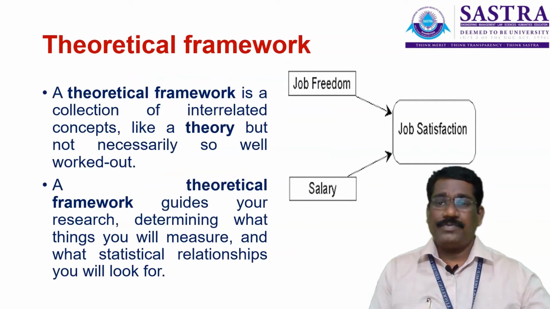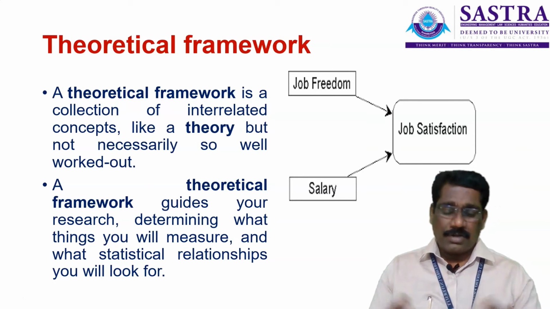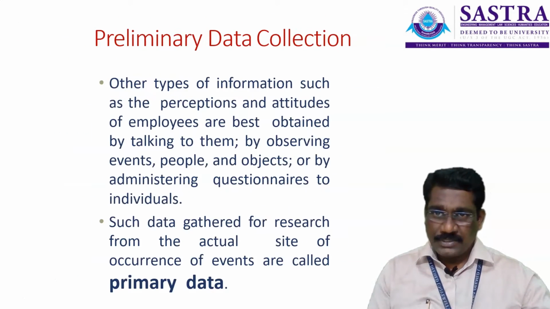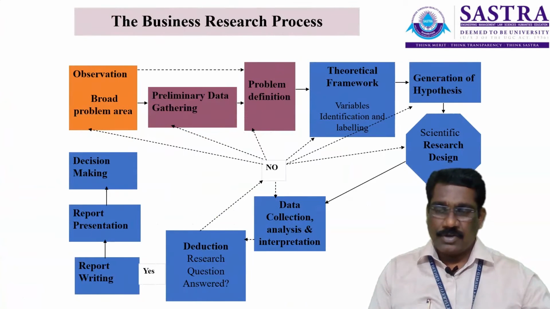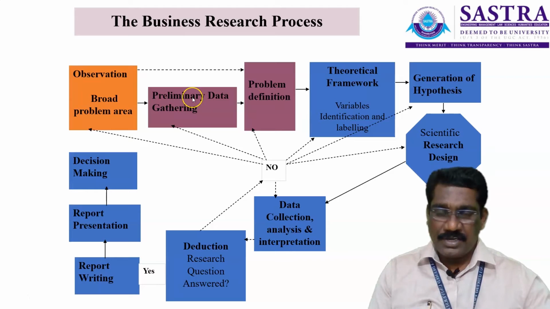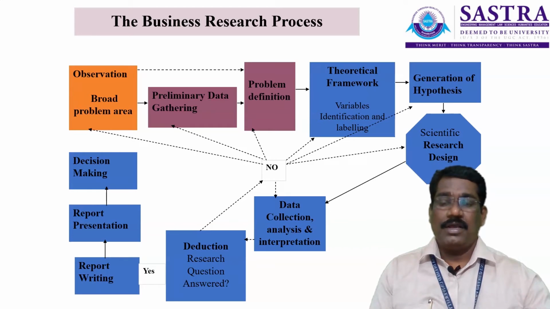So, in the process of the research, let me show you this framework here. So we have this framework. You can see here observation of the broad problem area. So we collect preliminary data, where primary and secondary data are very helpful in developing the problem statement.